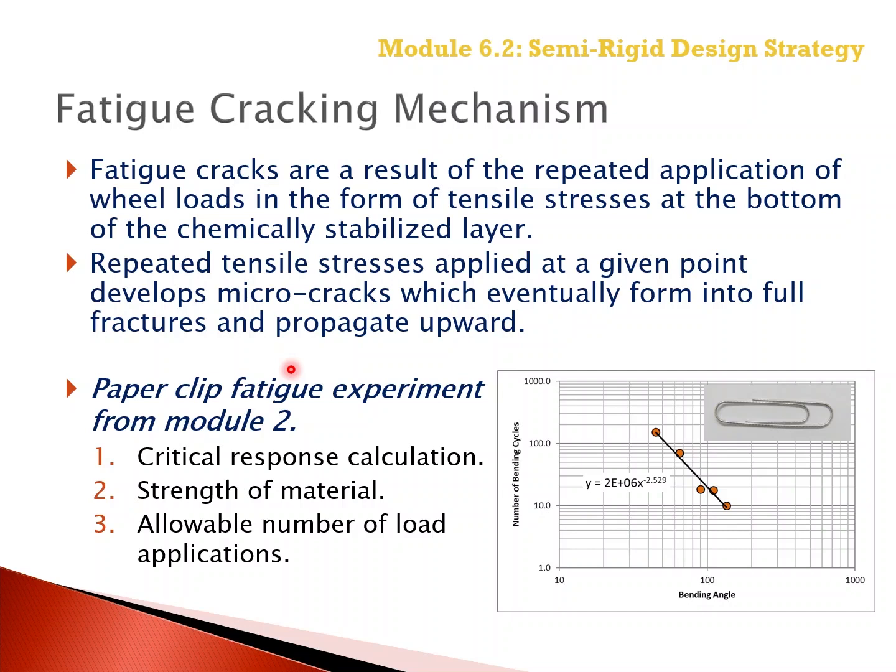The fatigue strength of the material basically defines the allowable number of load applications. The critical response calculation for semi-rigid is tensile stress, which we'll define in a second. And then the allowable number of load applications, which is basically the fatigue strength of the stabilized mixtures, is used to determine damage.